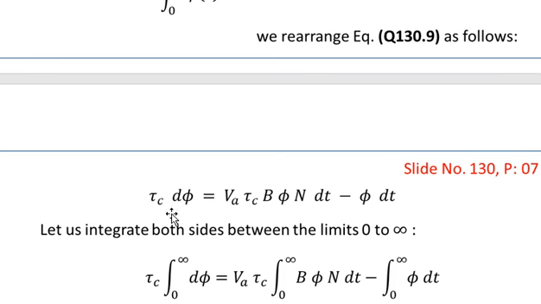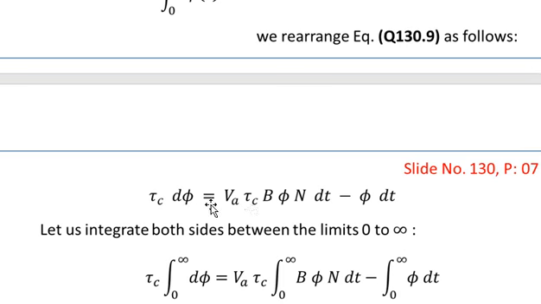In that equation, we have multiplied both sides of equation number 9 by tau c and also by dt, and we have rearranged the terms. So after multiplication with tau c on both sides and by dt on both sides, we have tau c times d phi is equal to Va times tau c times b times phi times n times dt minus phi times dt. So this is now our equation number 5 in the rearranged form.